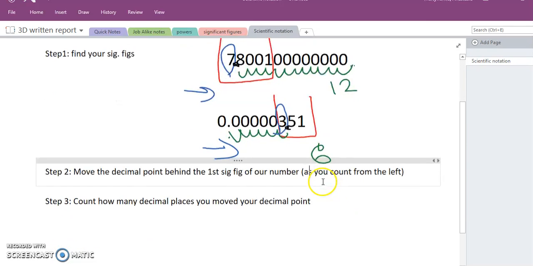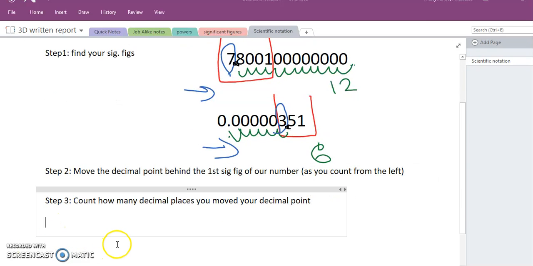Okay. So now that I've done this, let's do my last step. Step 4. Write down your number. Now your number is always going to look like this.